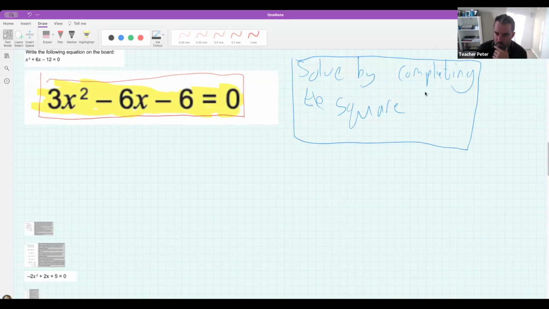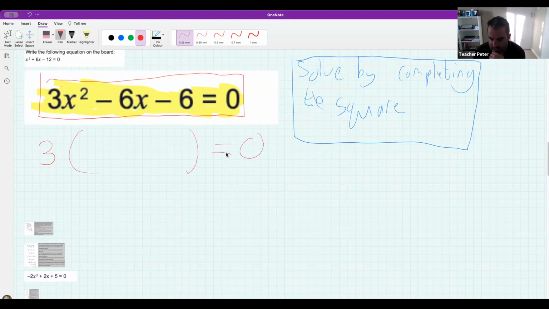Coefficient is not 1. Yep, coefficient is not 1. Okay, so if I wanted to make it 1, what I would do is I could either divide through by 3 or I could do this. What do you think goes inside of this bracket?